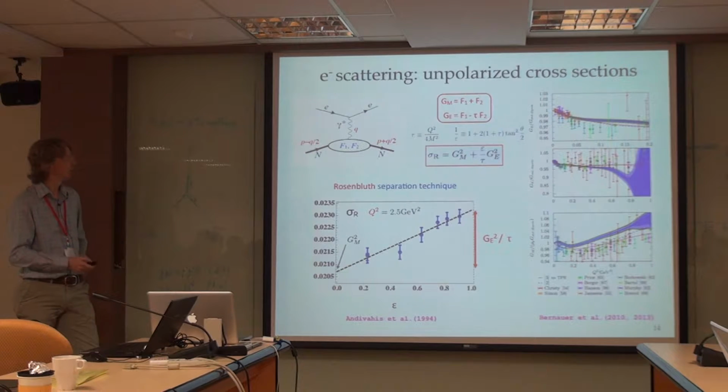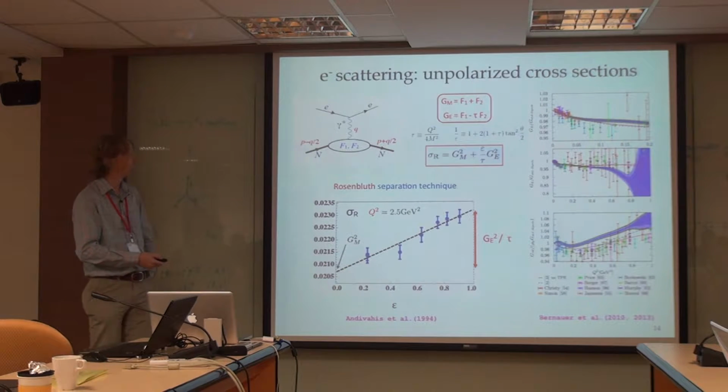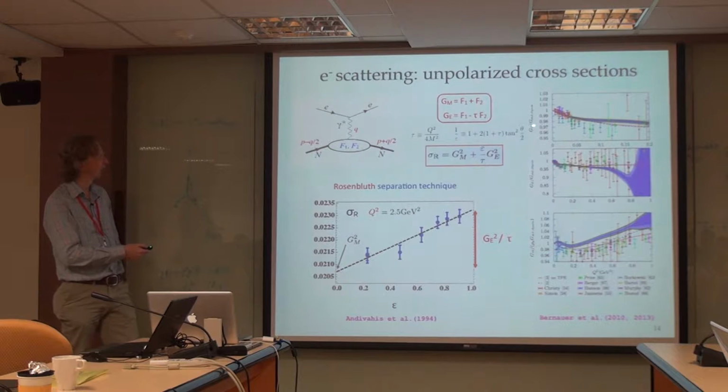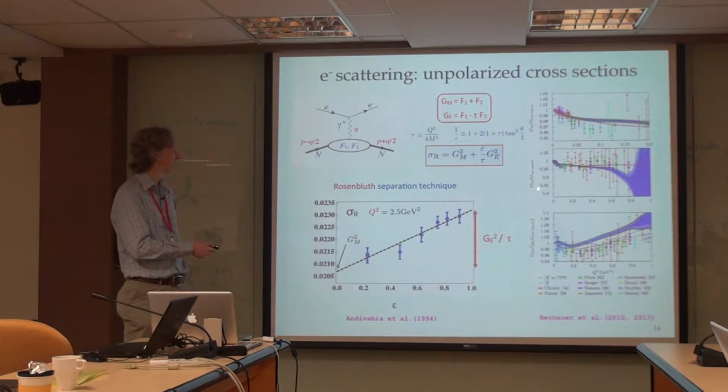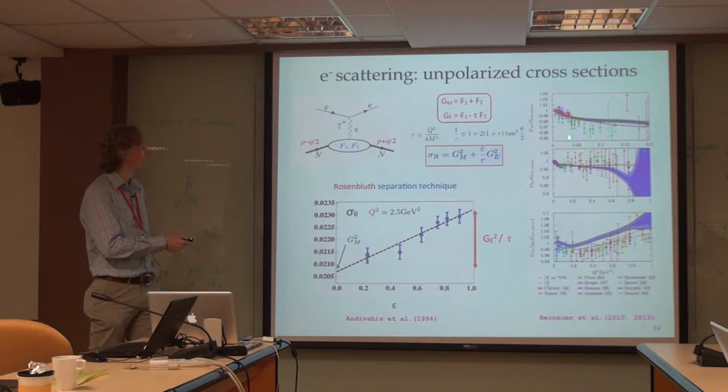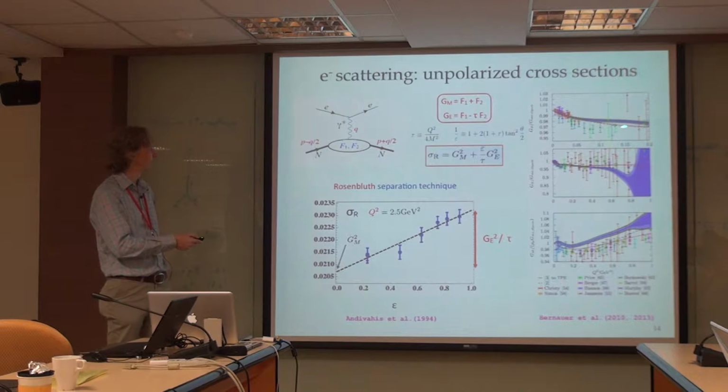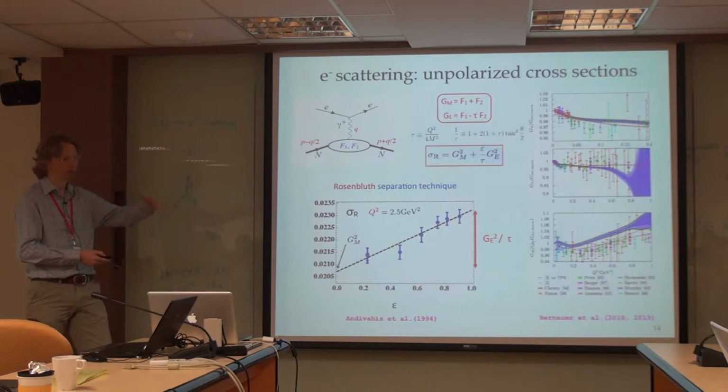And so the most recent data for these form factors, the electric form factor and the magnetic form factor, and thus the ratio of electric to magnetic form factor, are shown here. So these form factors typically behave like dipoles, so 1/Q⁴ at larger Q².